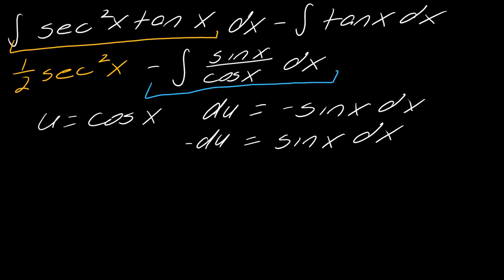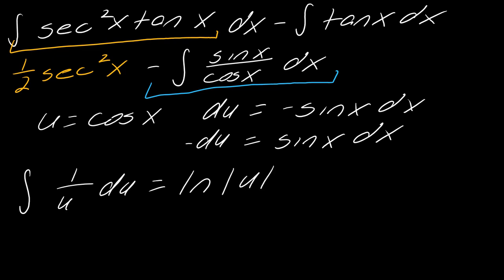I'll come back to the gold part later. I've got this negative and this negative here, so that's going to turn this into a positive. So this will become the integral of 1 over u du. So that's going to equal the natural log of u, which is the natural log of cosine of x. Okay, so there's the integral that I found.